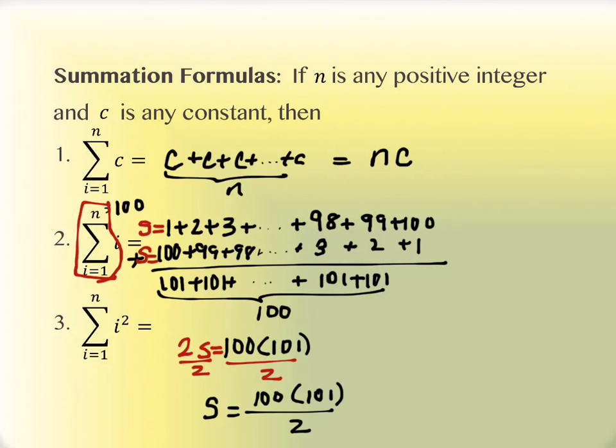I gave you a specific case example. I didn't do it generally for just n terms. I did it for 100 terms. So this 100 right here was because I let this be 100, but originally it was just n. And so what would 101 have been? n plus 1. Yeah, n plus 1.